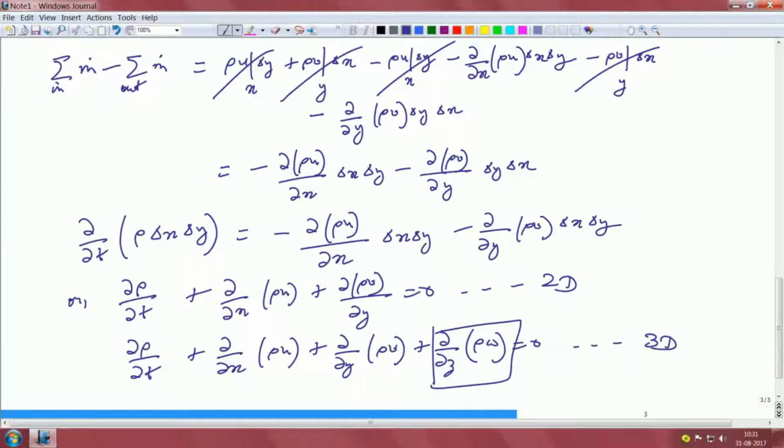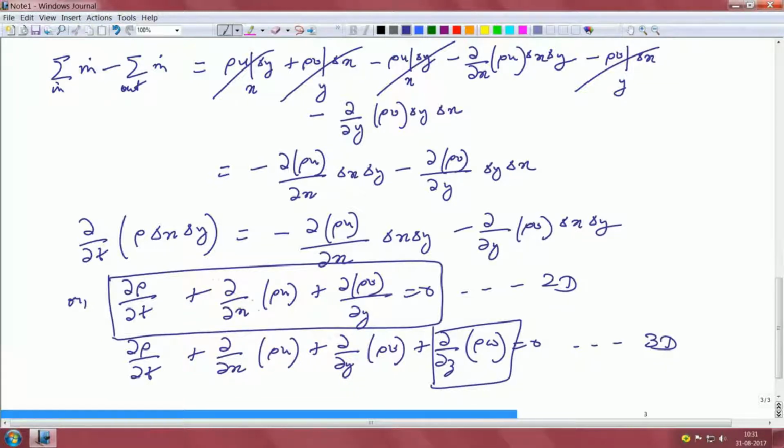Here z is the other direction, and w is the velocity component in the z direction. Based on this, this is what your continuity equation looks like, clear.